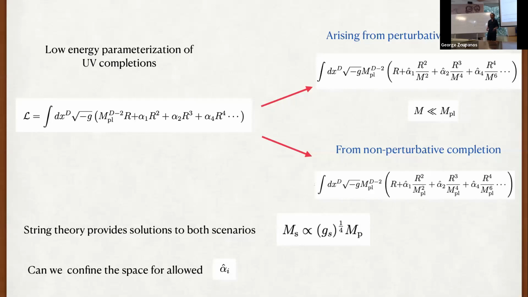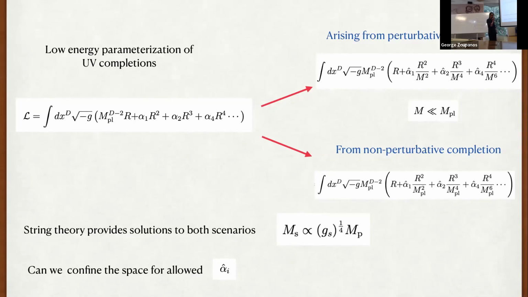That means there is a parameter regime where, at low energy, you have an expansion whose first term is Einstein gravity, and then you have higher dimension operator corrections. Therefore, the most conservative way, or one of the conservative ways, of approaching quantum gravity is to ask these coefficients to encode the information of the completion, and ask what are the allowed values for these coefficients.